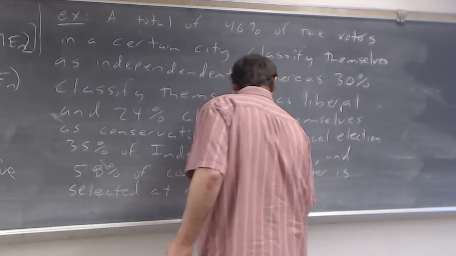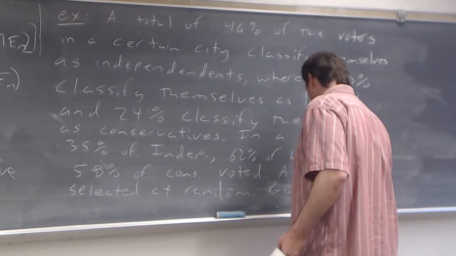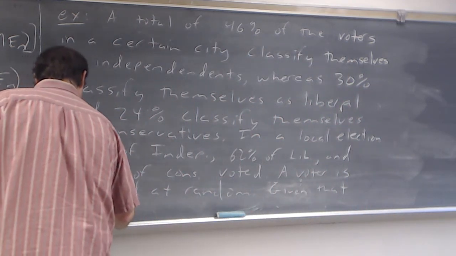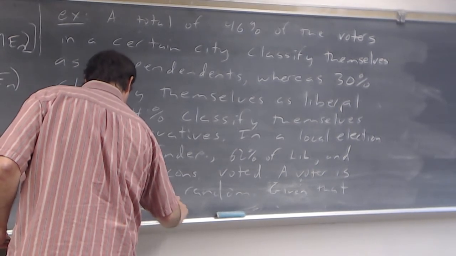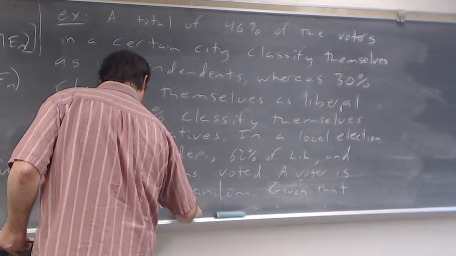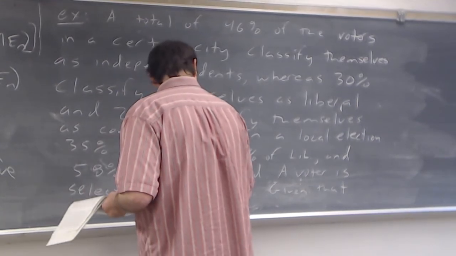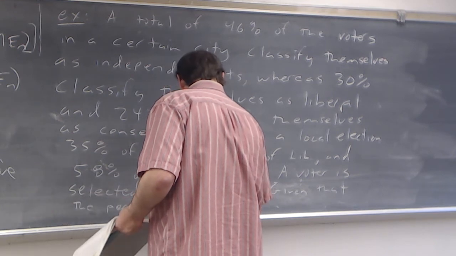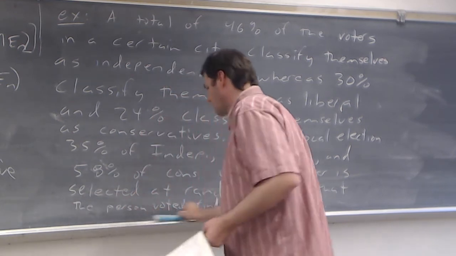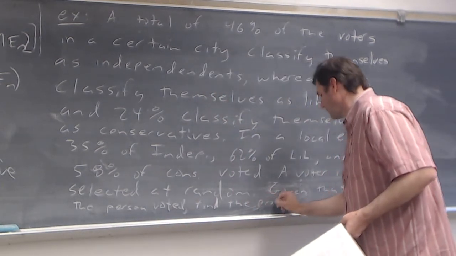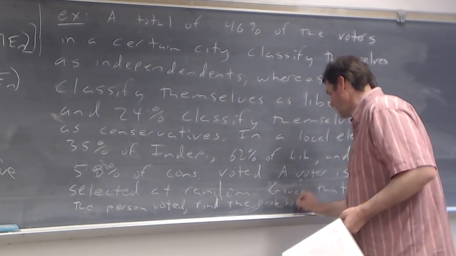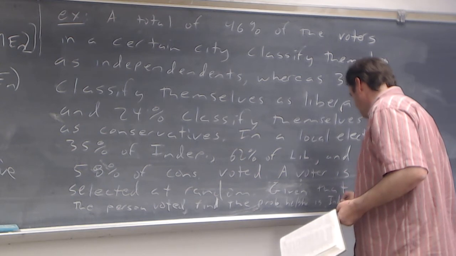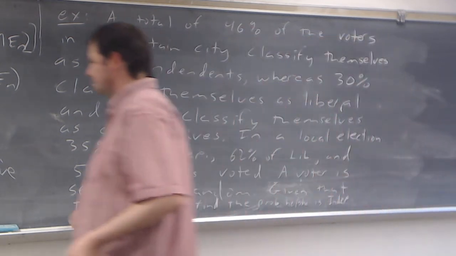It says, given that the person voted, find the probability he or she is independent. Okay.